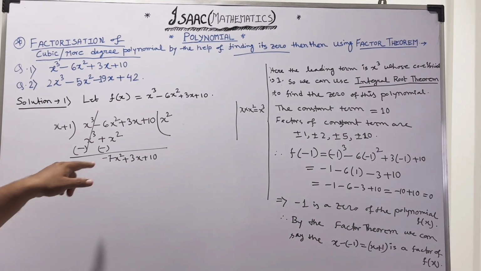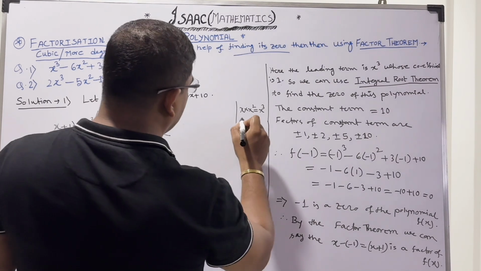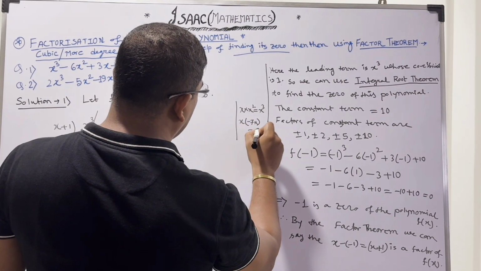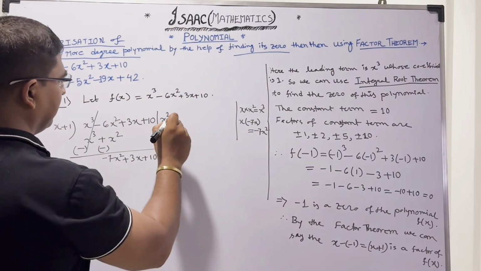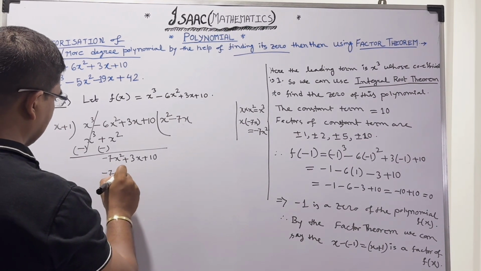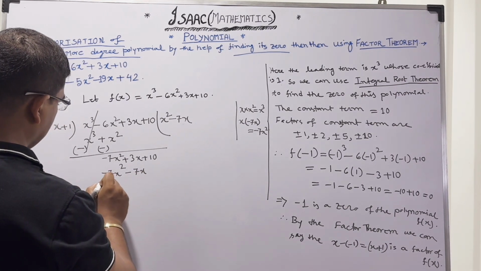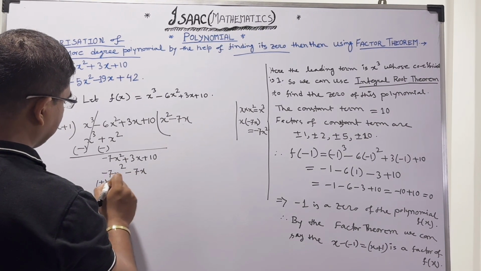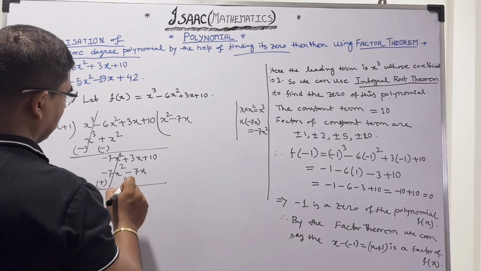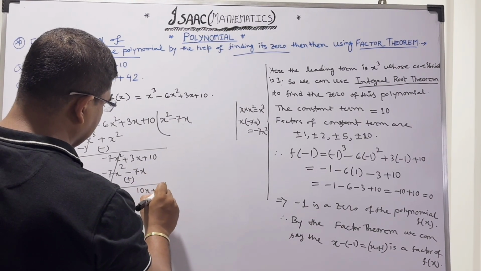To get minus 7x square, we have to multiply this x by minus 7x. So x into minus 7x is minus 7x square. So in the quotient there will be minus 7x. After subtracting we have 7x square plus 7x cancelled, and we have 10x plus 10.